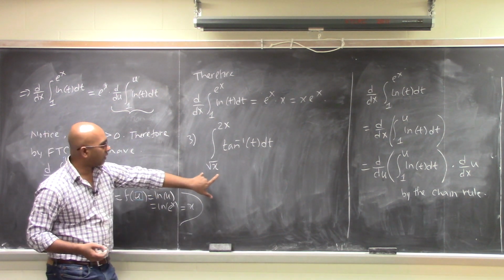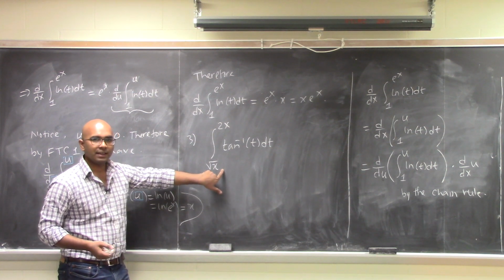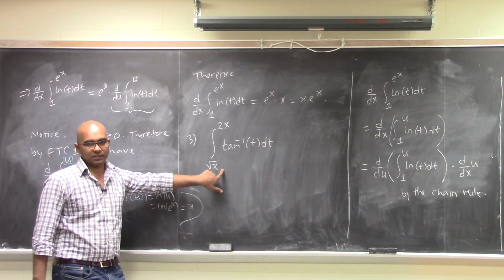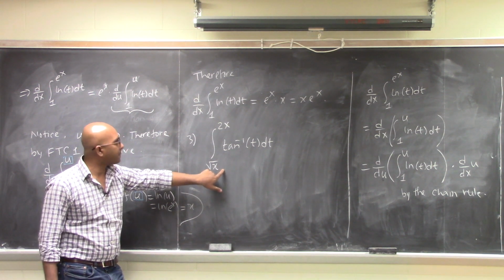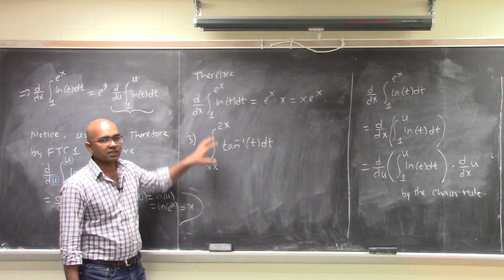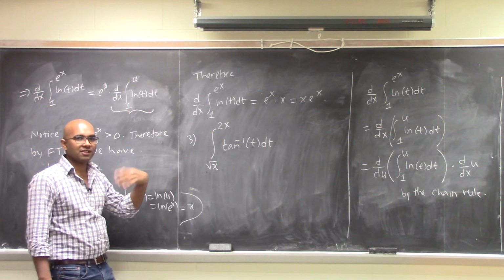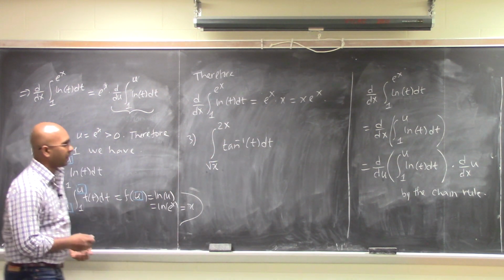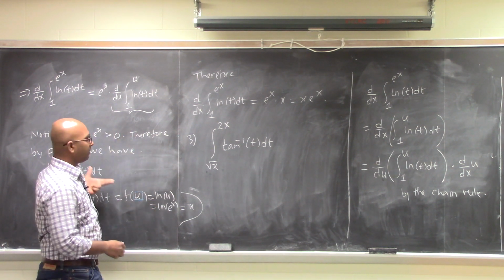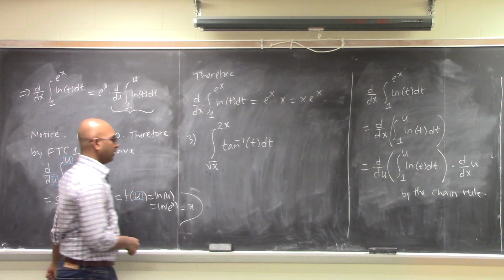First of all, you don't have any constant at the lower limit. That you need to fix. And notice neither square root of x nor 2x, none of them are just x. They are some functions of x. So how to solve this problem? It's not hard. It's just the previous problem. You'll use that in pieces.